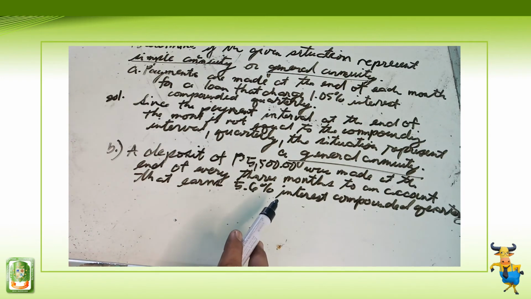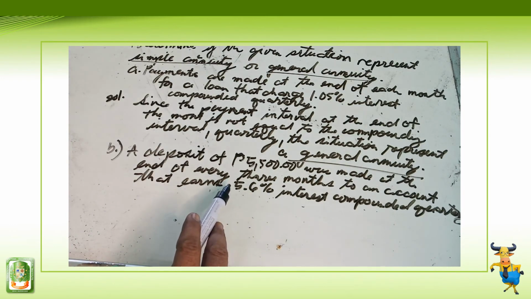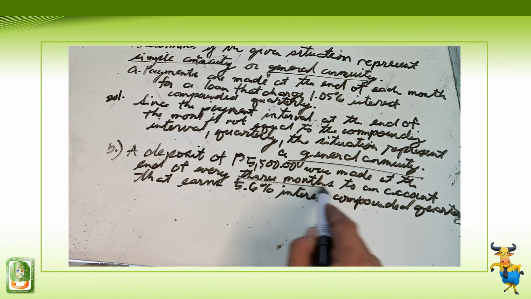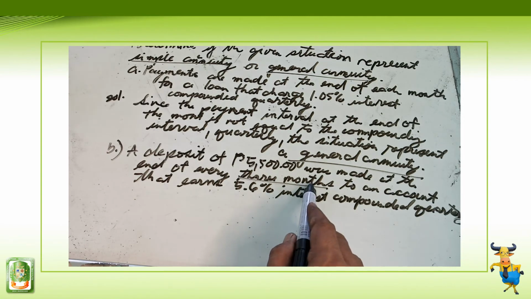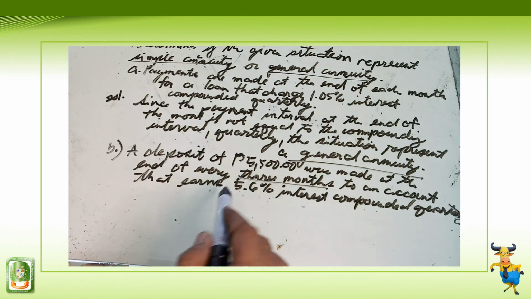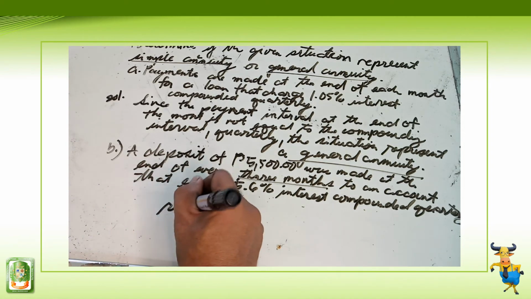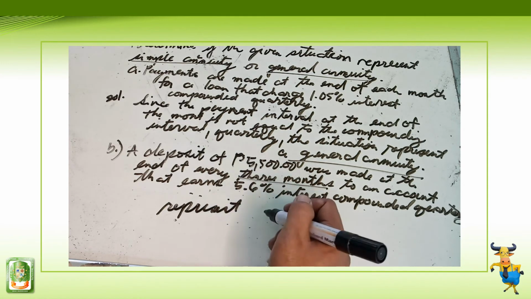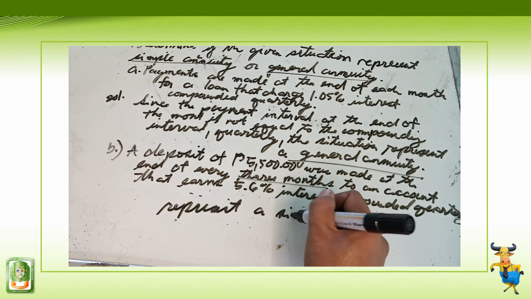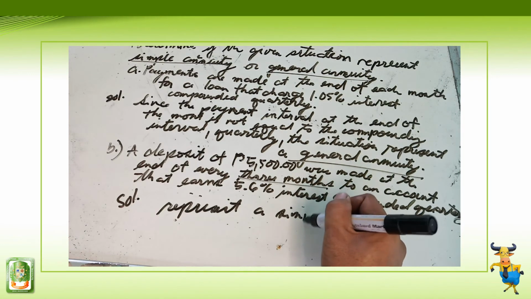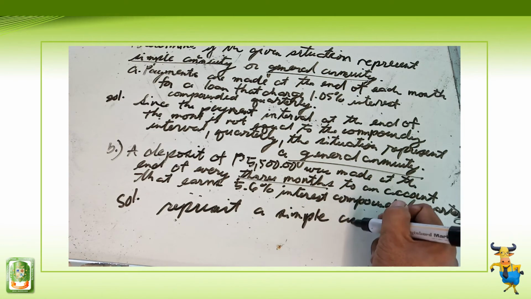Okay, this one, since the payment interval at the end of every 3 months or quarterly is equal to the compounding interval or quarterly, it means this situation represents a simple annuity.